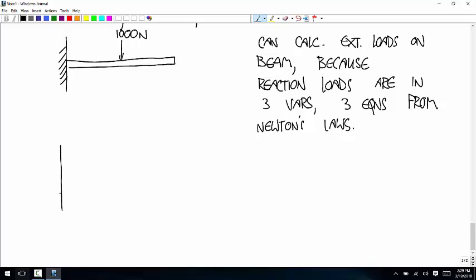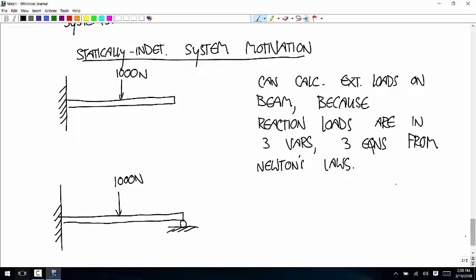But now think about if you had this cantilever beam and you put this 1,000 Newton force here, and you put a roller there. This would be a pretty natural thing to do if you had to build this structure, and when you built it, the thing ripped off the wall, and you had to fix that. It would occur to anybody to put another support at the end to keep that from happening.